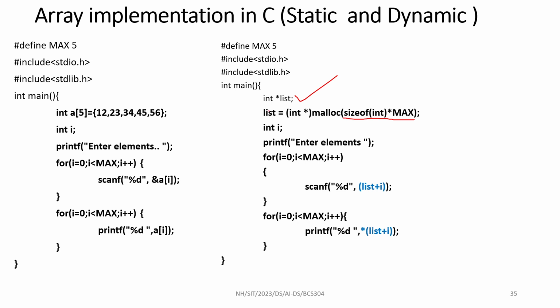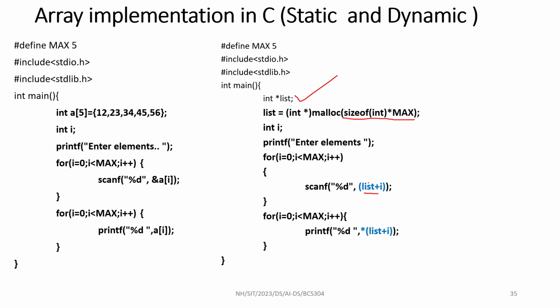Just note that my array name is list and it is a pointer, so ampersand is not required because list itself is the address. Then, like in the previous static case where you use the square bracket, you can use list plus I. That means how much memory location to skip from the base. Base address is list, how much you have to skip. Actually, the formula is base plus I into size.